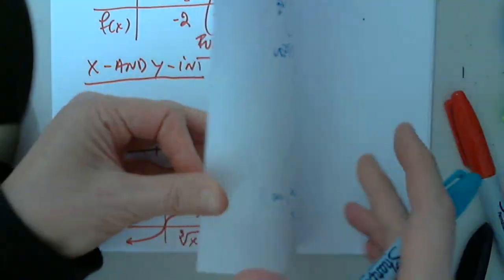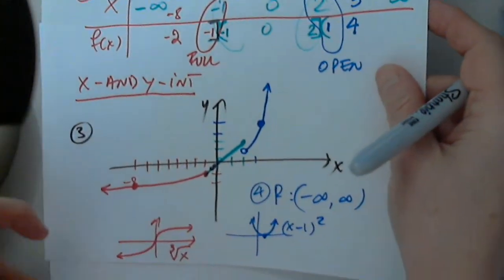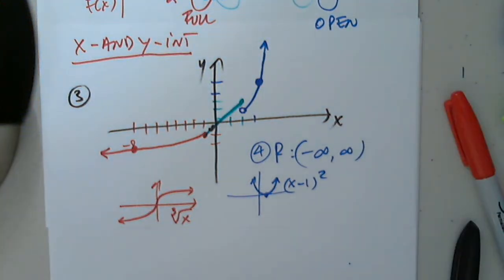Anything else? Other questions? I have a quick question about that same problem. At the point -1, -1, I know we have a closed point because of the left side of the table, and then an open point on the right side.